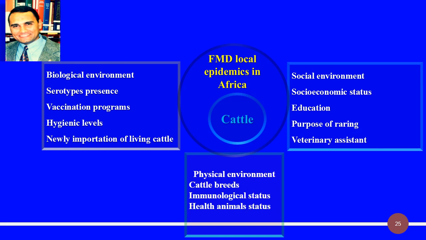Newly imported live animals usually arrive, and this leads to bringing new serotypes of foot and mouth disease, causing local epidemics. The physical environment includes the cattle breeds. All the cattle breeds are susceptible to all serotypes of foot and mouth disease. Immunological status: if vaccinated, it will be high to the certain serotypes vaccinated for, but if newly imported live animals come with new serotypes, the immunological status will be 0.